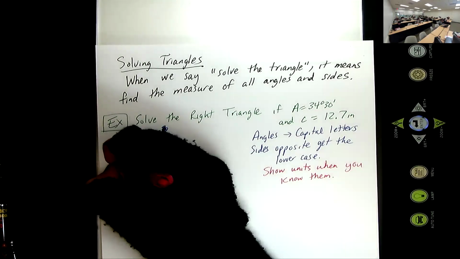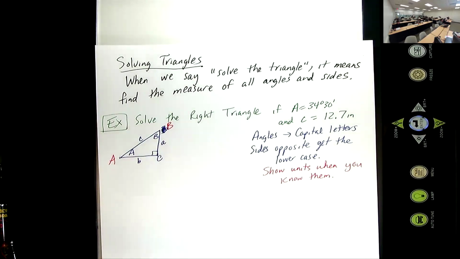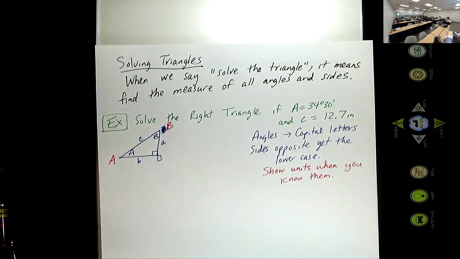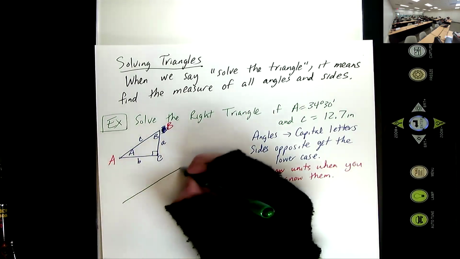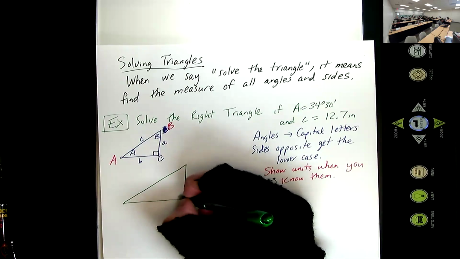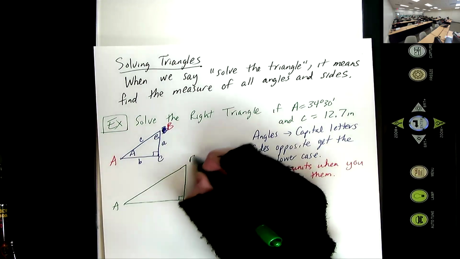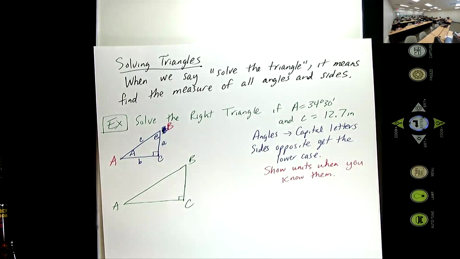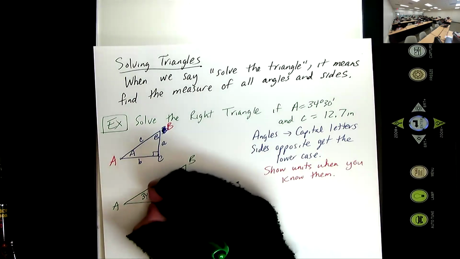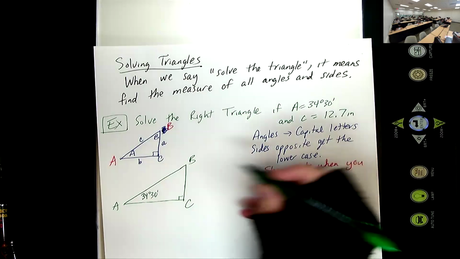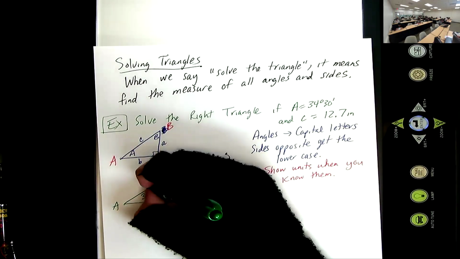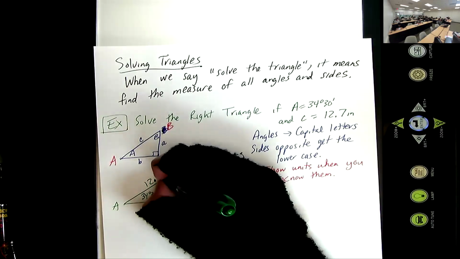Sometimes they put the angles on the outside, like such. So if I were to redraw this triangle with what I know, I know this is 34 degrees, 30 minutes, and I know this side over here is 12.7 inches.